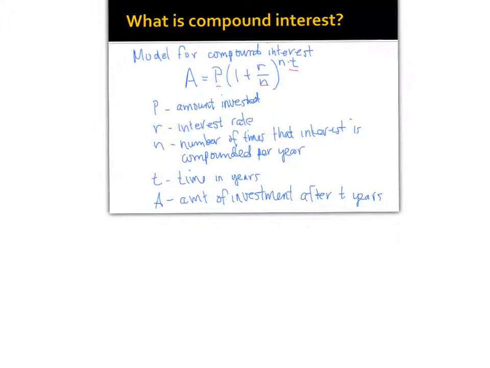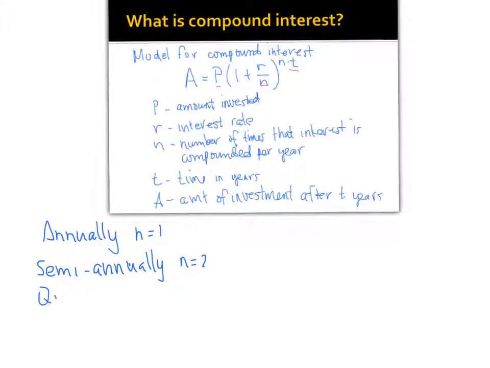But n, when the problem says annually, that means n is 1. When the book or the problem says semi-annually, that means n equals 2. When they say quarterly, that means n equals 4.